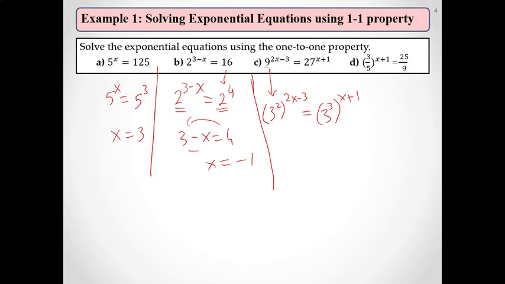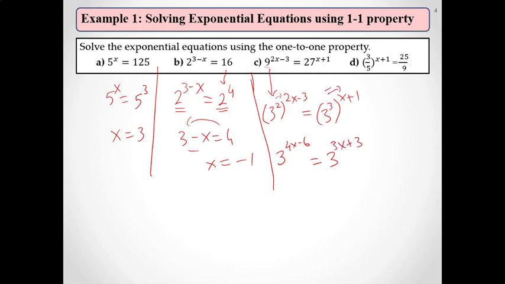And you know the property of exponentials: if you have a power of powers, you multiply the powers. So 2 times this will be 4x minus 6, and this will be 3 to 3x plus 3.